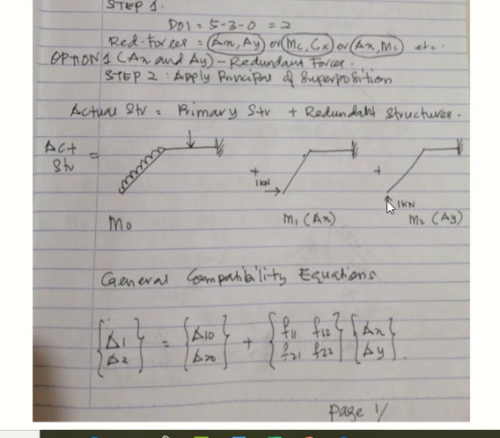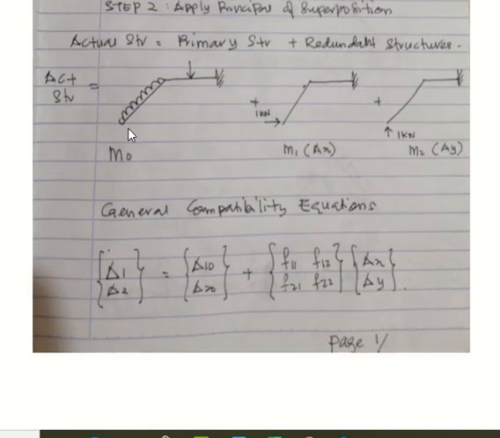Okay. Next, we are going to determine the bending moment equation for primary structure, redundant number 1 and redundant number 2.